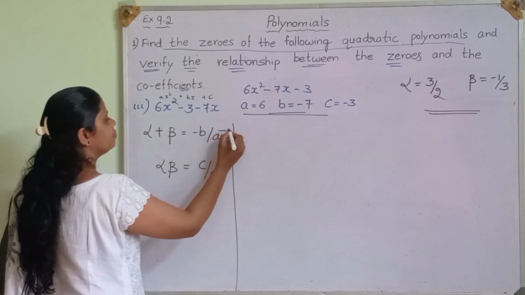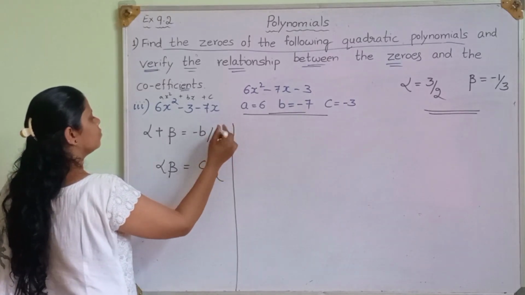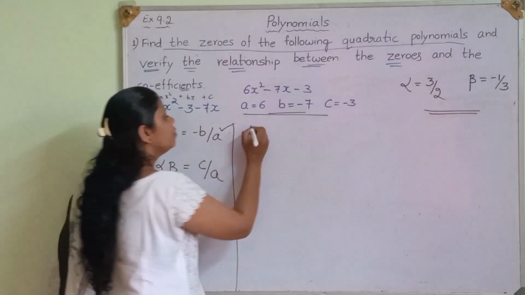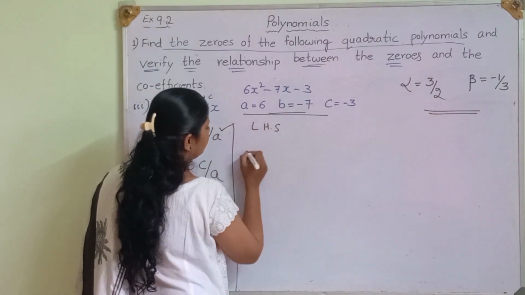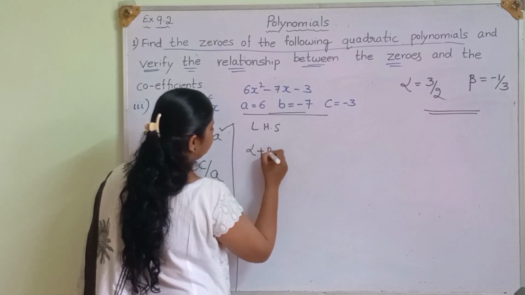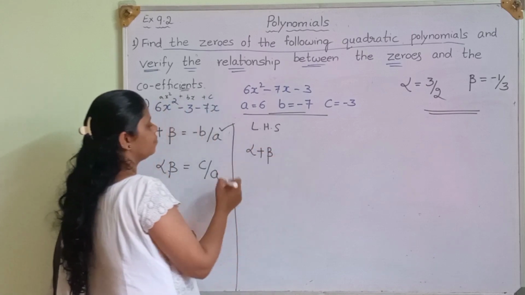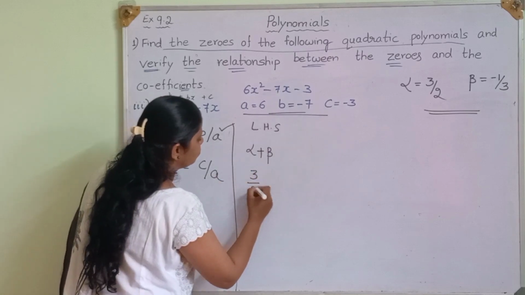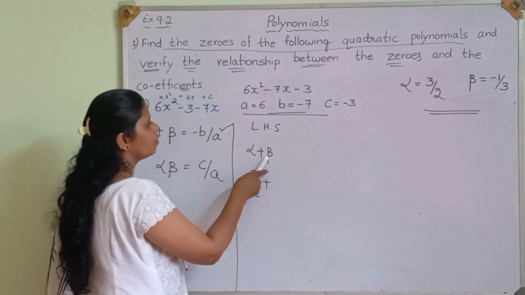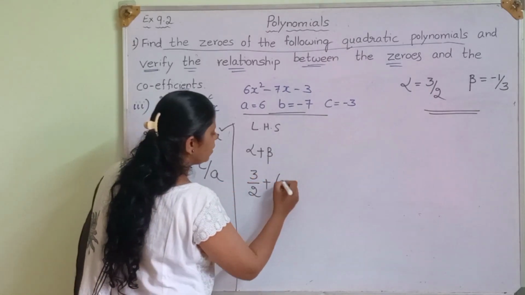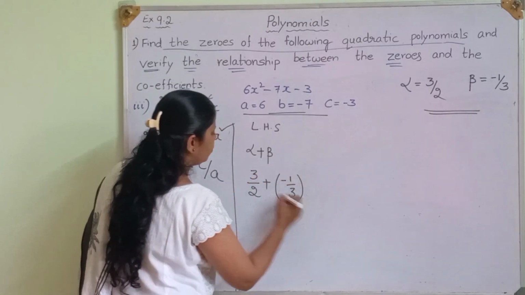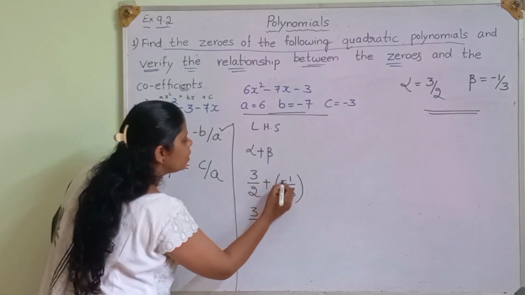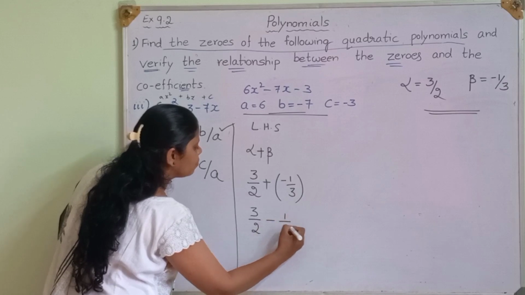This one. See here, alpha plus beta. First let me take the LHS. Alpha plus beta is equal to what? The value of alpha is 3 by 2 plus beta is minus 1 by 3.